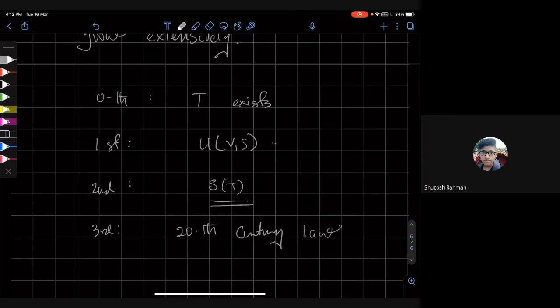So all these are empirical laws that people formulated without the benefit of understanding of the microscopic properties of matter. Of course, every physical law is empirical at the end of the day, right? I mean, Newton's law is also empirical. But what I mean is that the third law has the benefit of knowing about the quantum nature or the microscopic nature of matter.